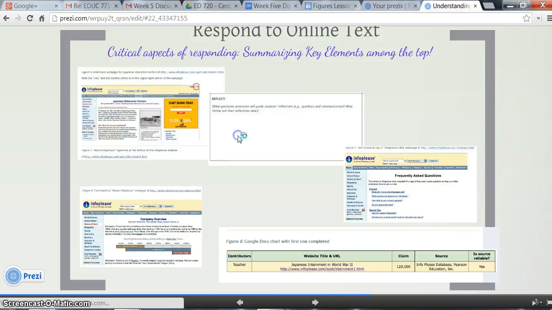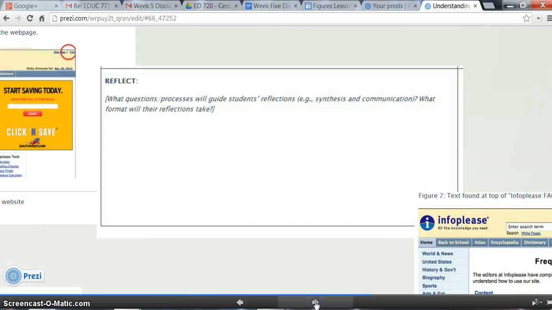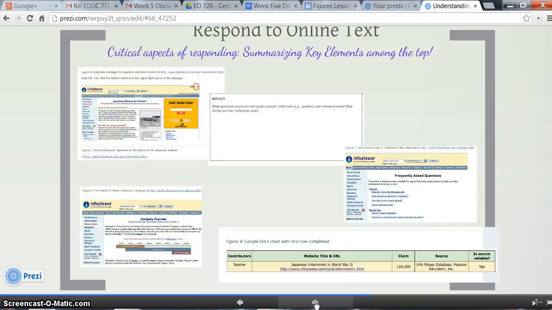And now is a good time to reflect and synthesize. Are we heading in the right direction? Are we gaining the information necessary to help us with our end result?